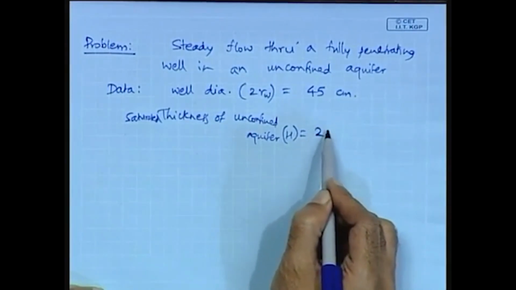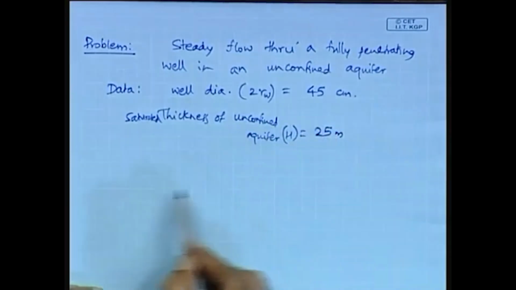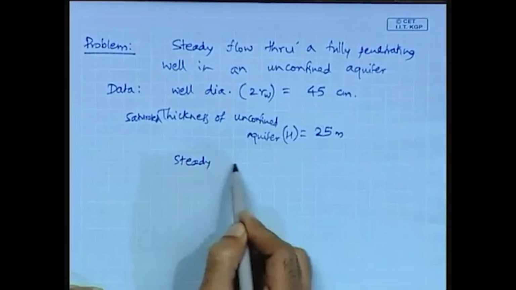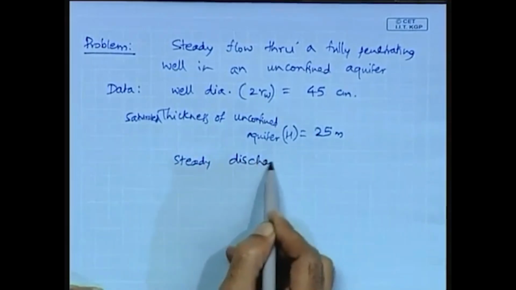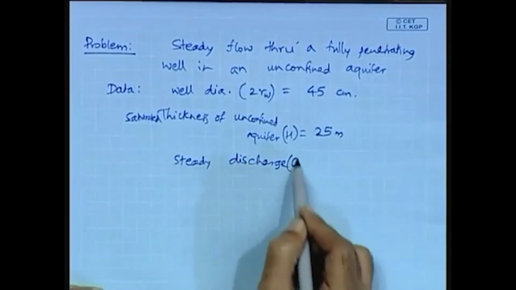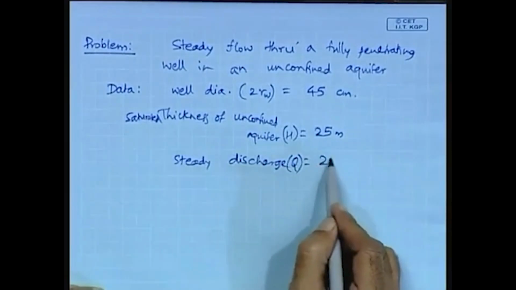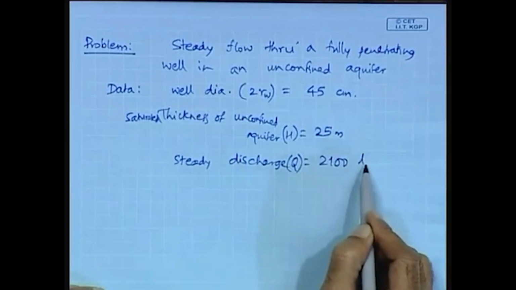I am sorry, it is 25 meters, and the steady discharge, that is Q, is 2100 liters per minute.